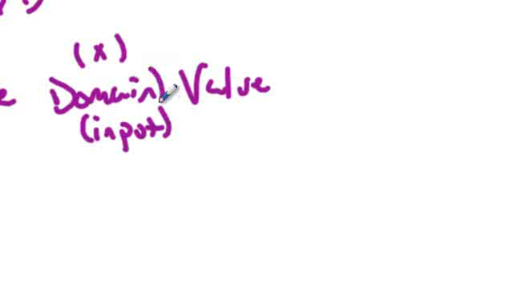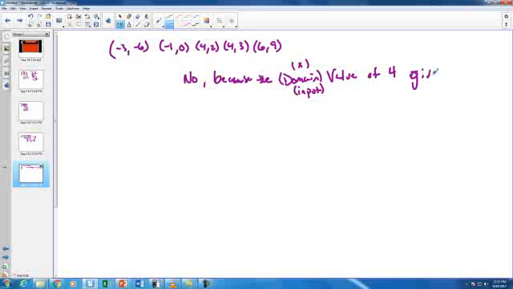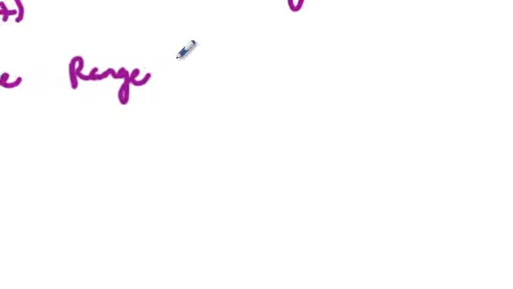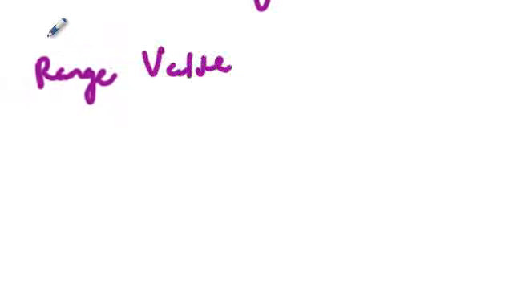Any of those 3 is interchangeable in this case because the domain value of 4 gives more than one range value, but range can be switched to be y or output.